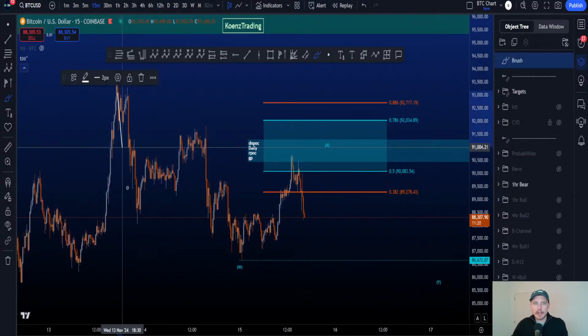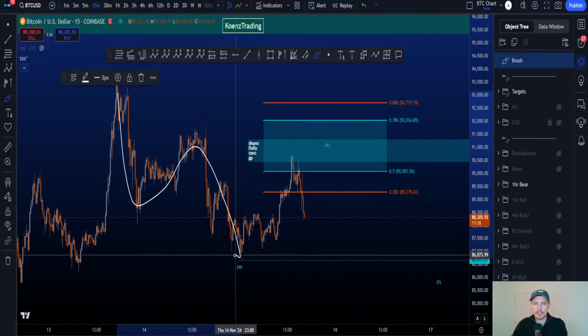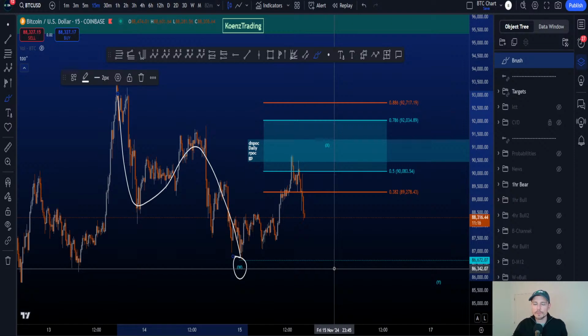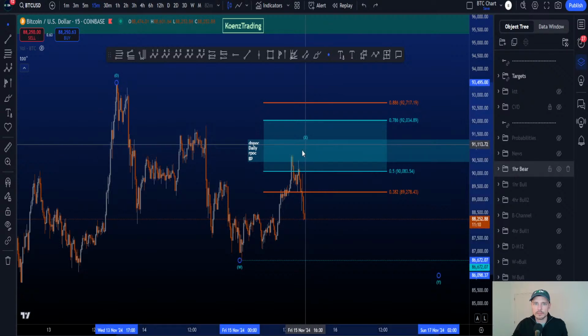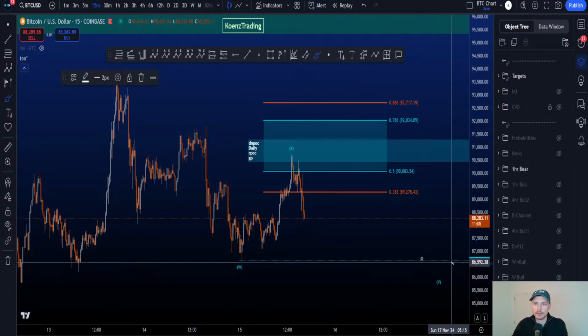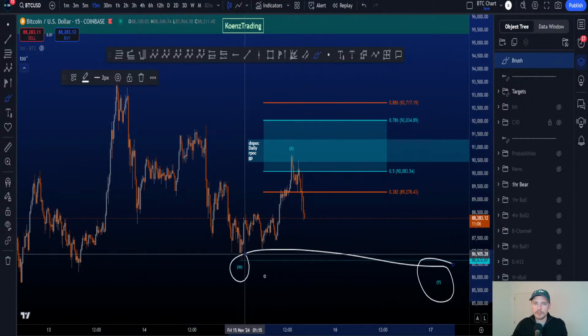And here we then have a finished ABC to the downside in a wave W. We then have our wave X, and you look for your wave Y to still take out the low.